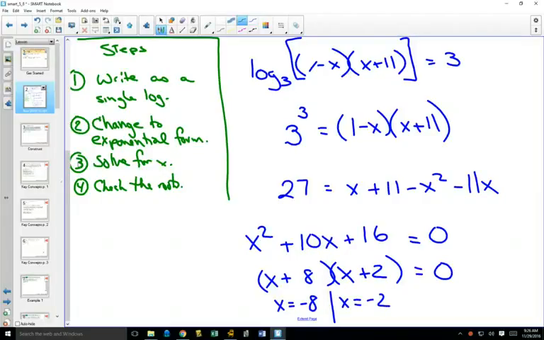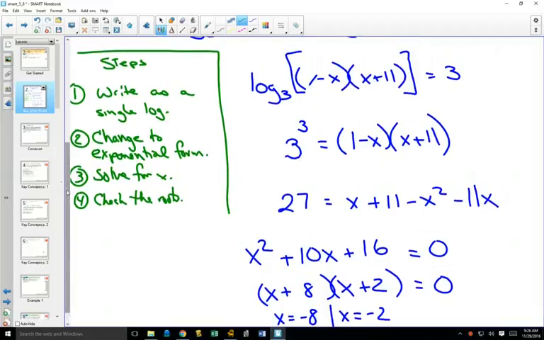So if we put numbers beside what we've done here, this was step 1. This was step 2 where we changed to exponential form. This is the important one because that gets the x out of the logarithm and into a form that we can solve. All of this is step 3, which is old mathematics for you guys. That's grade 11 math.